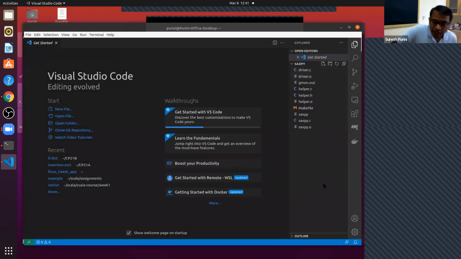Okay, so later on we will look at what is called the BLAS library. In the BLAS library, one of the problems is a vector multiplication problem.